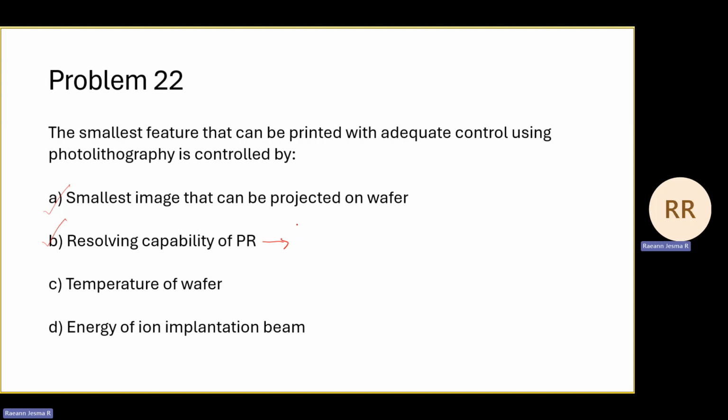There are various PRs with a wide range of thicknesses, and we can also optimize the spin parameters of the photoresist in order to reduce the thickness. Then we can also play with the size of the image that is projected on the wafer by using any suitable objective lens. So we can have features which are smaller than those in the mask. So we can improve our resolution.